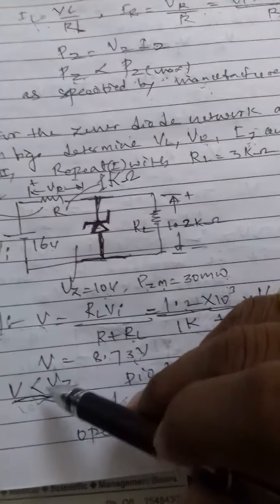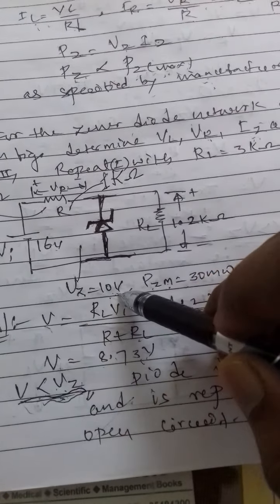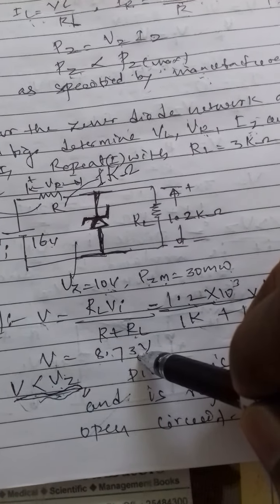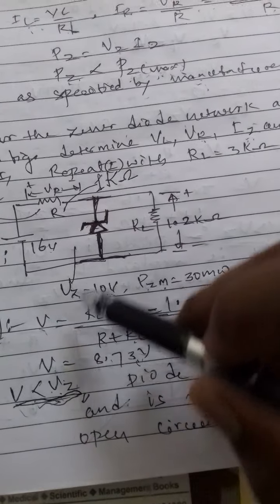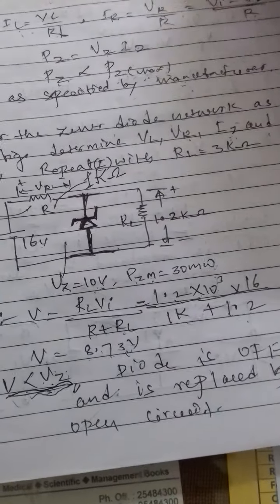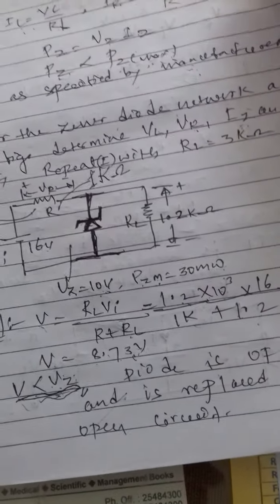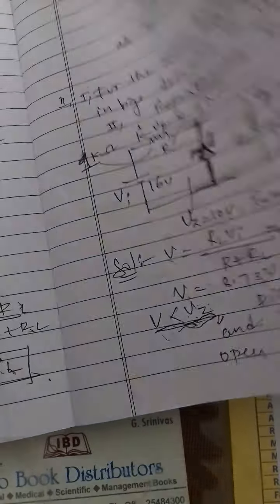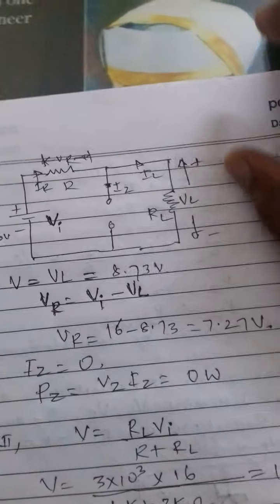Because Vz is equal to 10 volts and V is equal to 8.73 volts, since V is less, the diode is replaced by an open circuit.